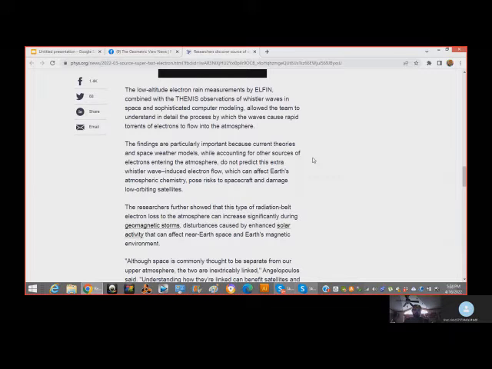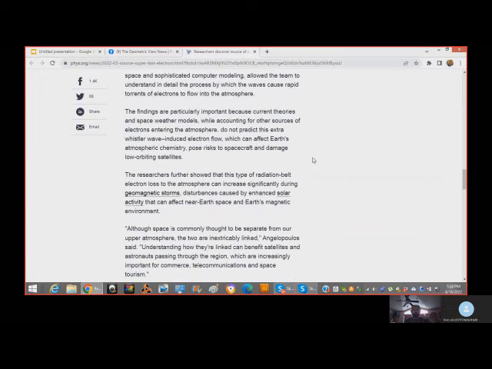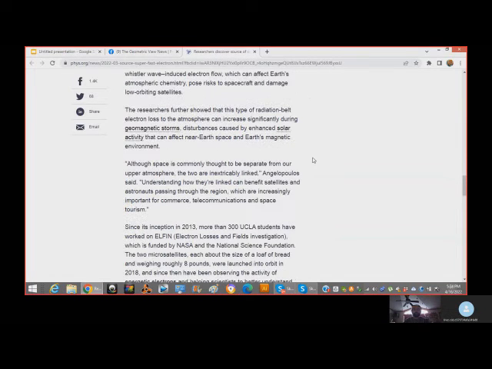The researchers further showed that in this type of radiation belt, electron loss to the lower atmosphere can increase significantly during geomagnetic storms, disturbances caused by enhanced solar activity that can change the near-Earth space and Earth magnetic environment.